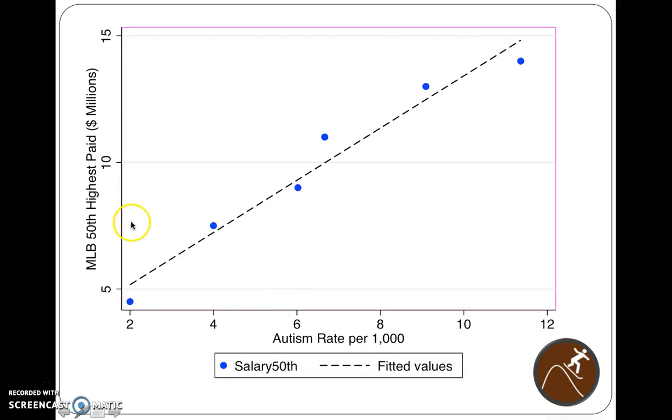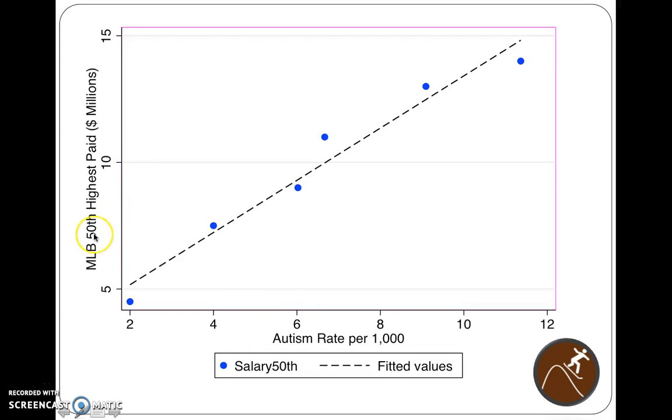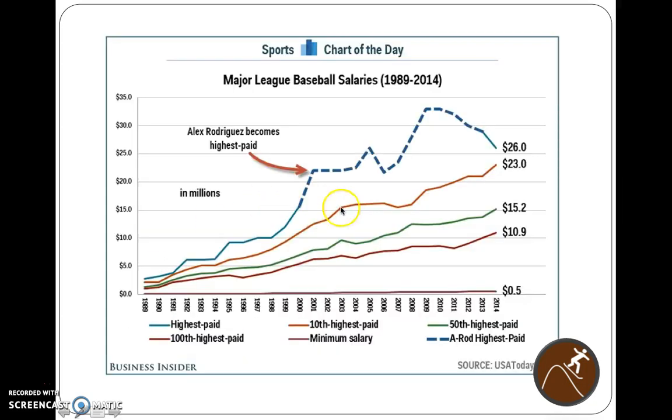Now, we can plot the autism rate from this image with the Major League Baseball player salaries. We pick the 50th highest paid baseball player, in millions, the green line.